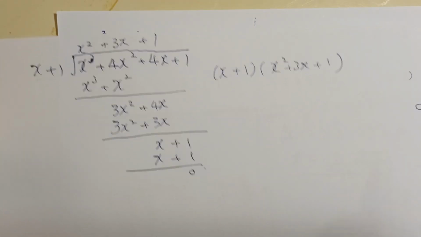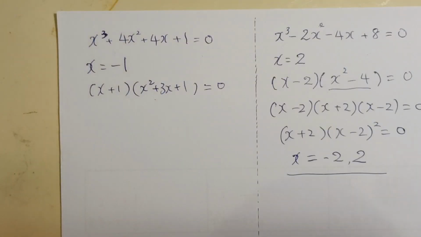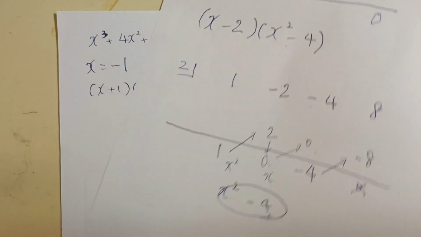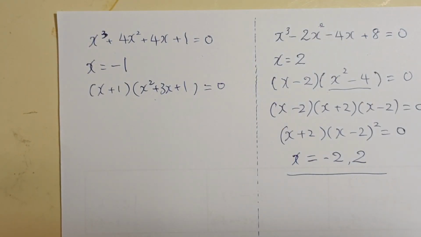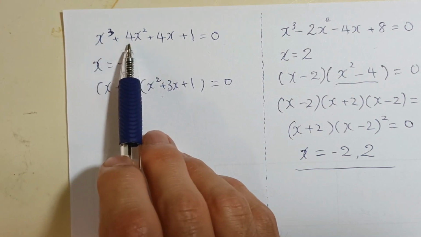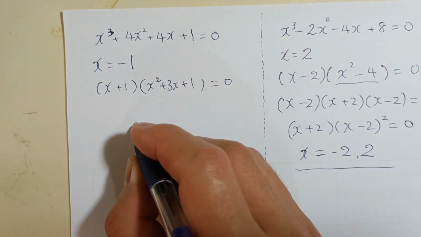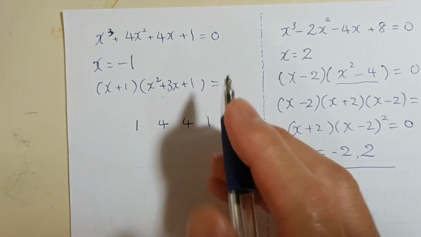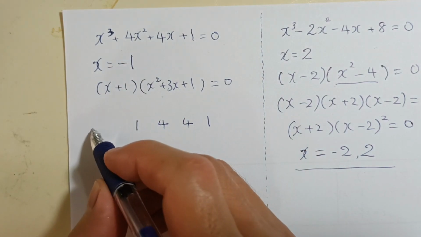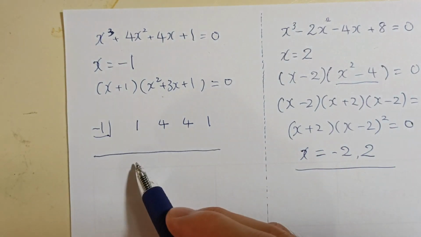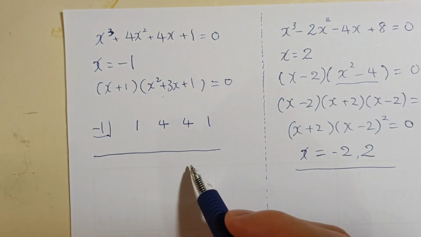I will show you the synthetic division like this, okay? Synthetic division is you put the coefficient here like this, and then write this solution here, and then drop, shift, drop, shift, drop, shift.